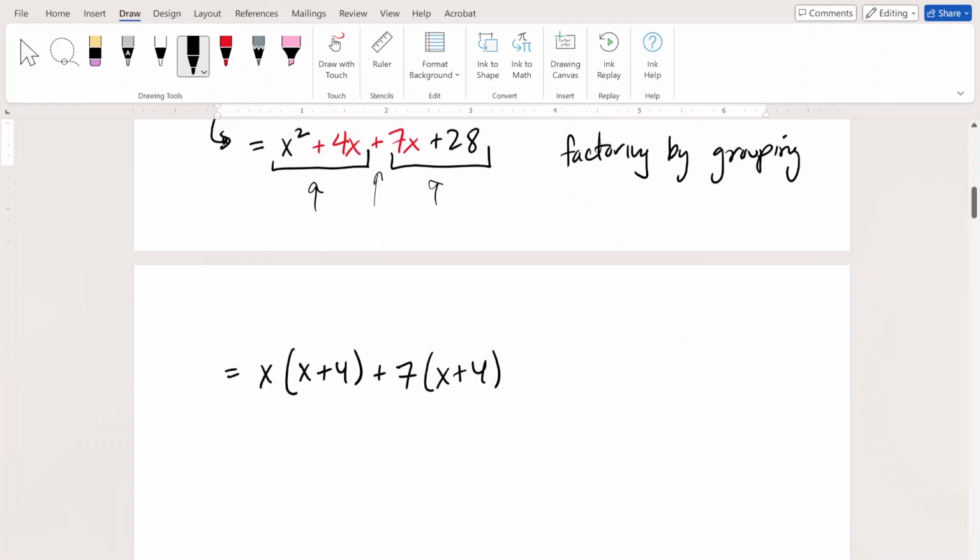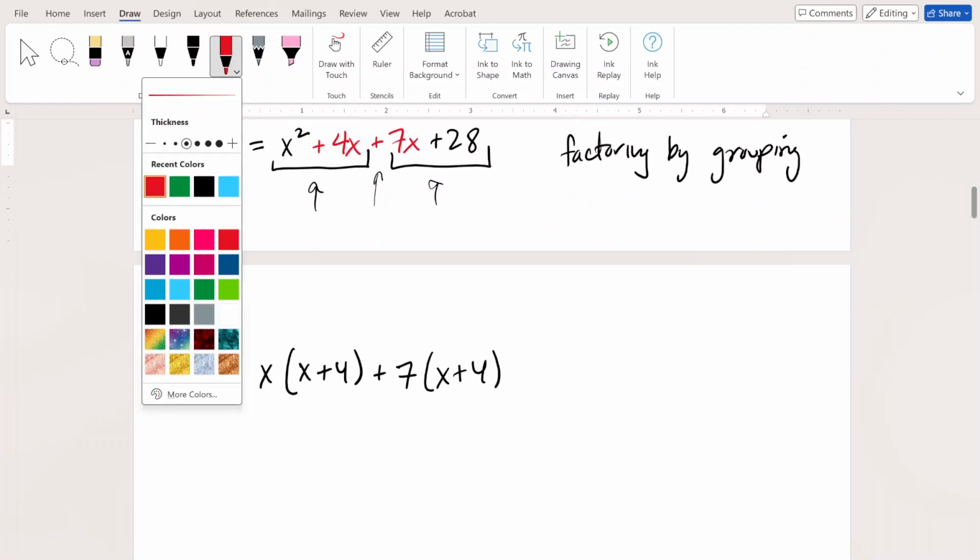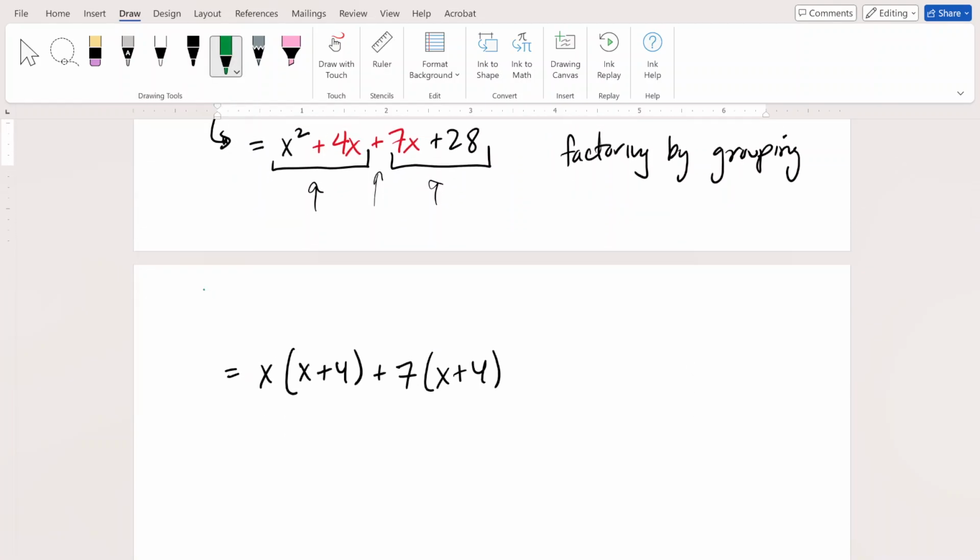So again, how many terms do I have now? Well, I have a first term separated by this plus, and then this term. So what do these two terms have in common? What's the GCF here? Notice it's x times x plus 4 and 7 times x plus 4. So 7 is a factor for the second term as well as x plus 4. The first term has x for a factor as well as x plus 4 as a factor.